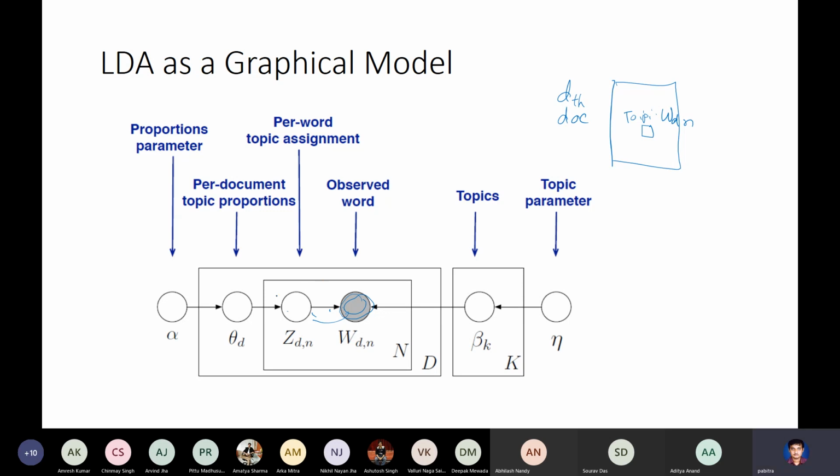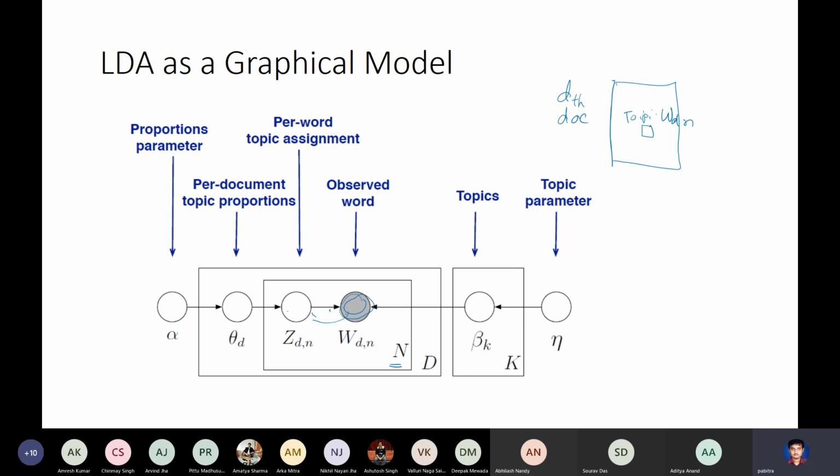And you see this plate: it means that first you generate the topic, then you generate a word, and this is repeated capital N times, where capital N is the number of words in a document. So this is a plate of replication.